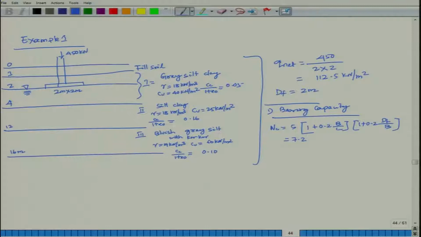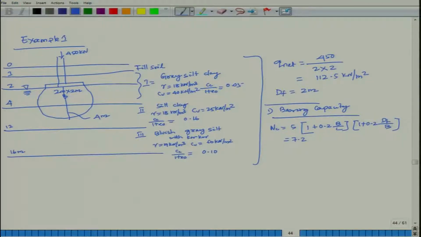So, what happened, it is 2 meter by 2 meter. If this is my B, my failure envelope goes up to 2 times B, 2 into 2, 4 meter. So, here it is 2 meter, here it is 2 meter, total will be 4 meter.